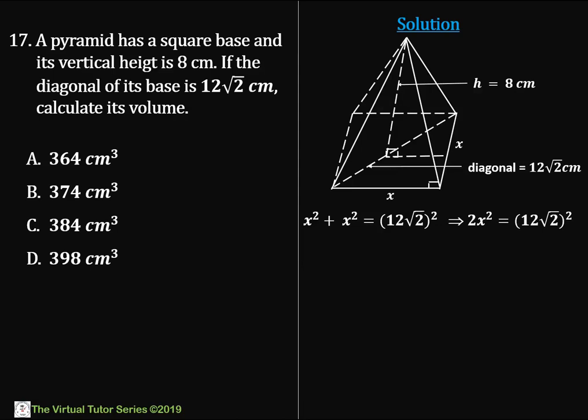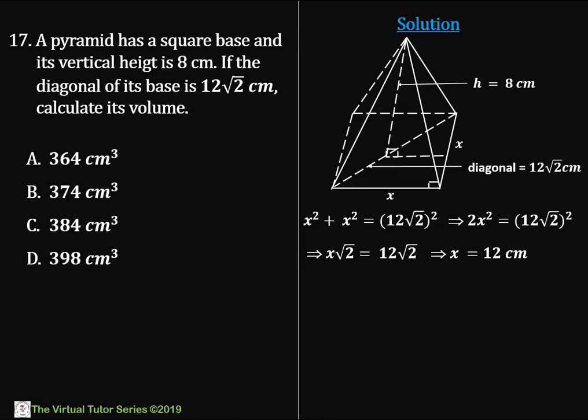Now, let's root both sides of the equation in order to get rid of the square on both sides. Root x squared is x. So this gives us x root 2 is equal to 12 root 2. The root 2s are the same. Therefore, x is equal to 12 centimeters.